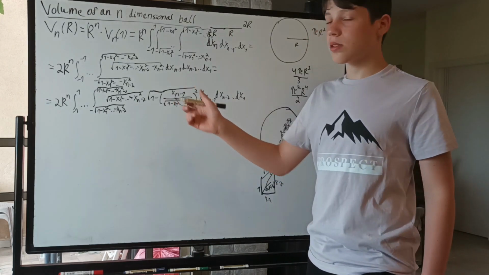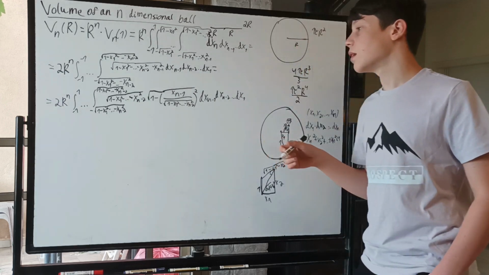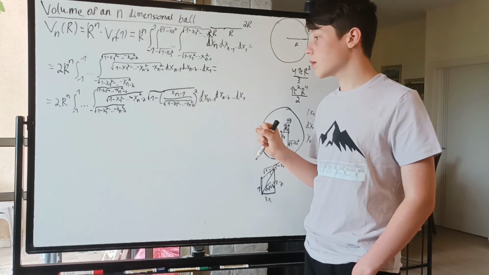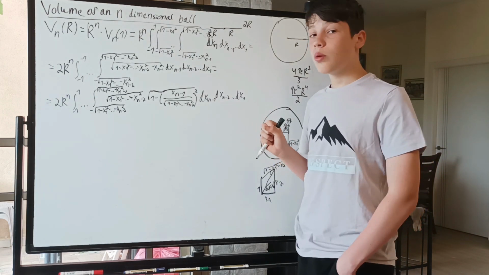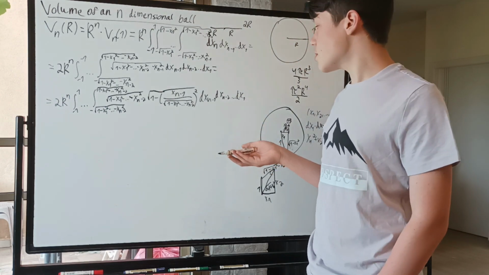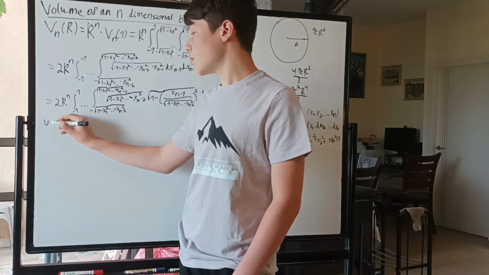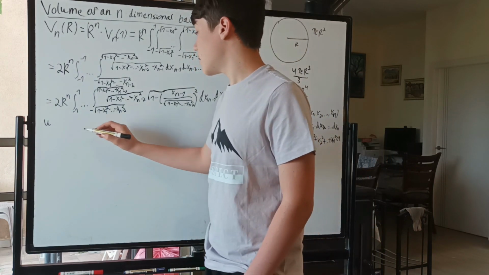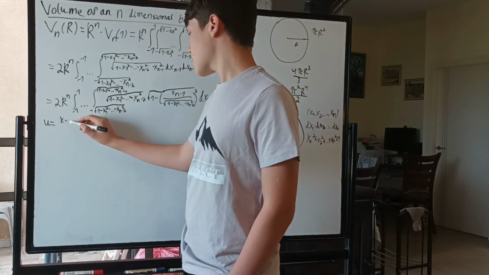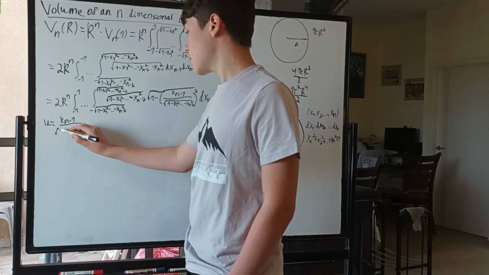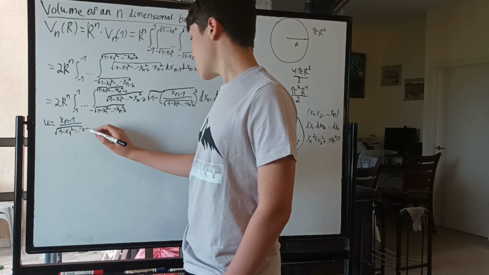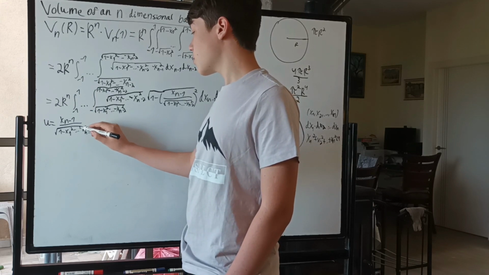But notice this square root of 1 minus x1 squared up until xn minus 2 squared is a constant in our xn minus 1 world. And so we can use here a simple u substitution. So let's do u equal to xn minus 1 divided by the square root of 1 minus x1 squared minus until xn minus 2 squared.